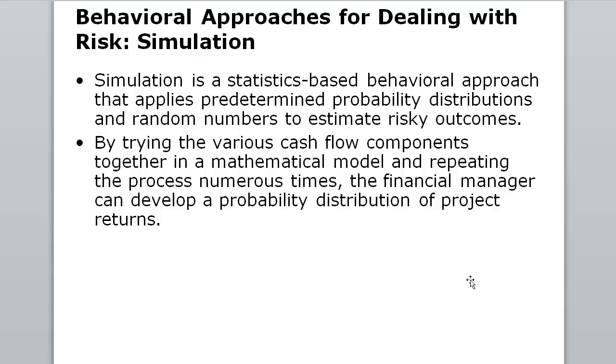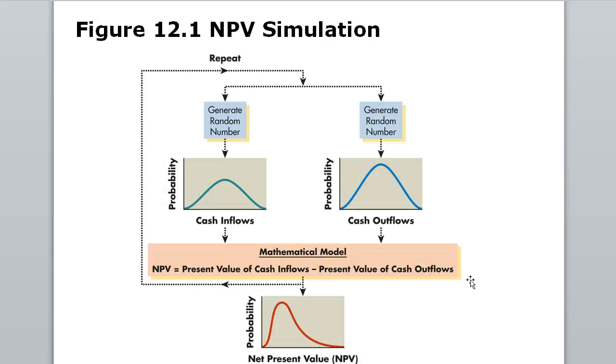So by trying various cash flow components together with a mathematical model, we could run through a huge number of scenarios in a simulation to get a detailed output of all the possibilities within the realm of this project. A simulation can be as simple as this model right here: generate a random number, probability, cash flow, and then net present value.